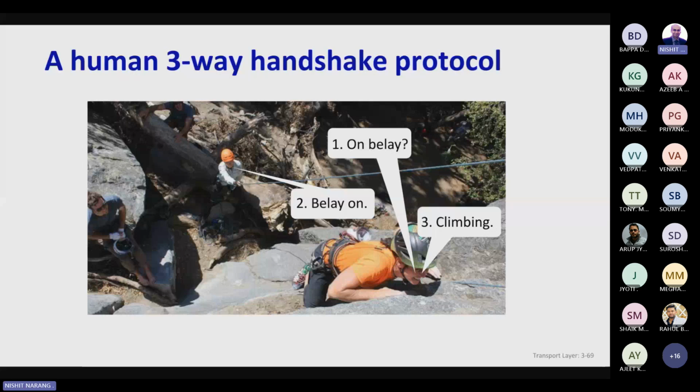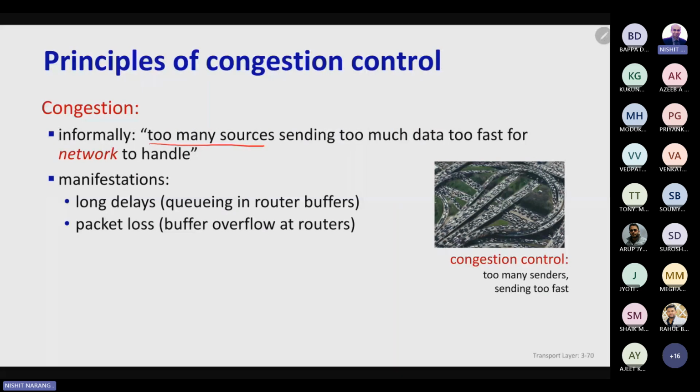Because 1,000 people are exchanging data, if the network is not well designed, if the network capacity is limited, yes. Even if I have flow control implemented between the sender and receiver, the network may still be congested. Why? Because it's a case of too many people sending way too much data, way too fast for the network to handle. The network is not designed to handle that much traffic.